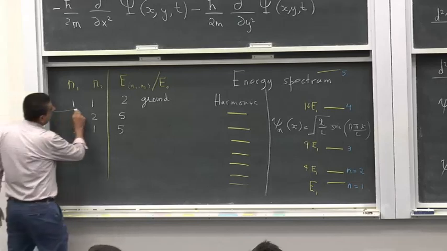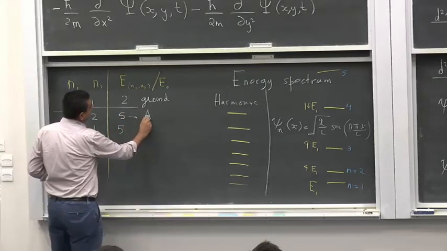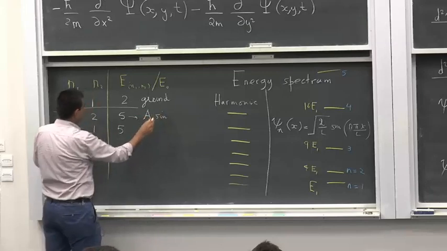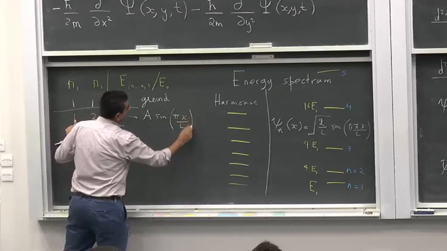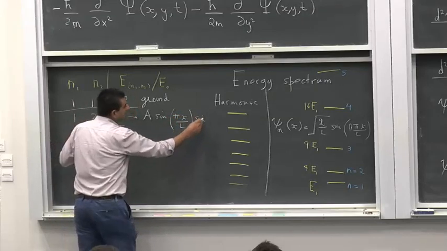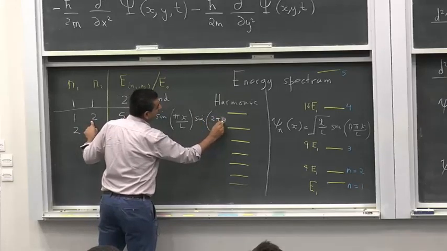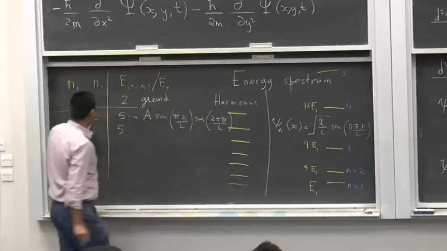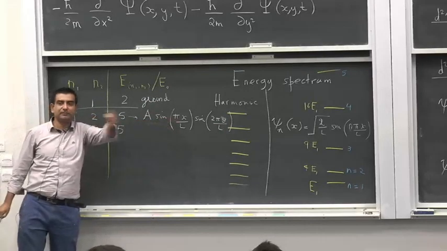Now if I were to write the wave function for this, it is some A sine of pi x over L sine of 2 pi y over L. The wave function corresponding to these quantum numbers is given by this.